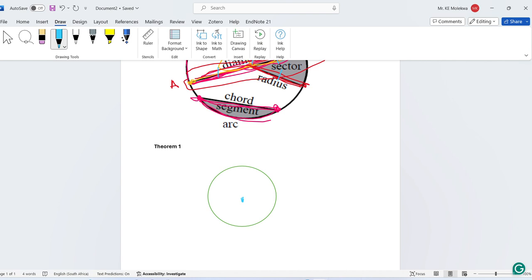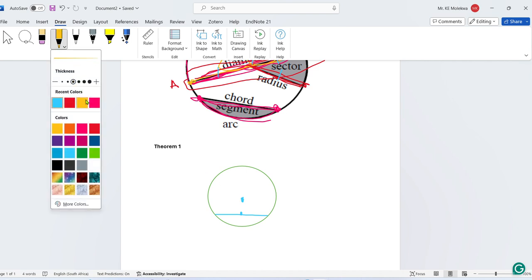The line segment joining the center of the circle to the midpoint of the chord. Let's draw the chord. This is our chord. Now let's say this is the midpoint of the chord. When you hear the word midpoint, you should know that it bisects the chord into equal parts.